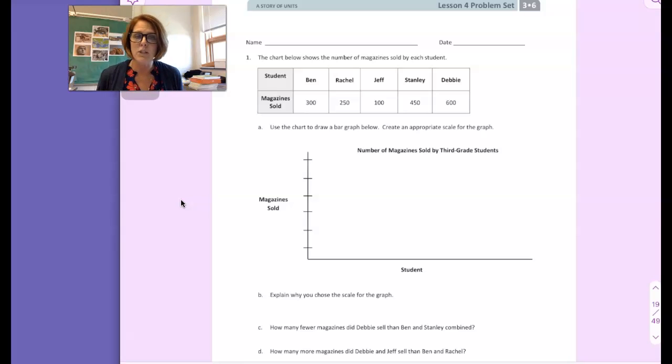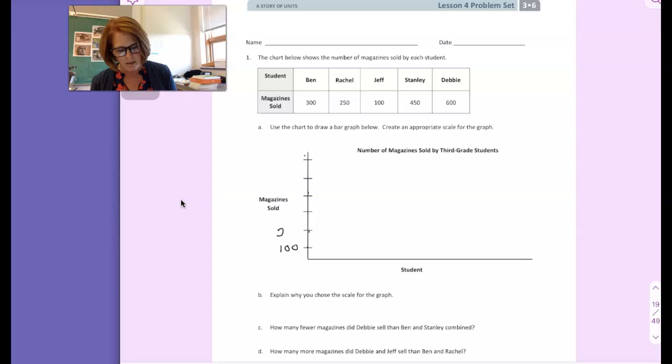And the first thing we need to do is decide on what our scale is going to be. When I look at the numbers here, they're all in the hundreds. So I think I'm going to start with my first line being 100 magazines. And I only have 1, 2, 3, 4, 5, 6 lines. So I'm going to go up by 100 increments.